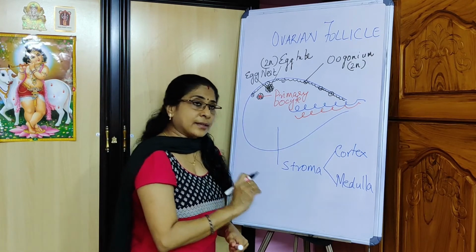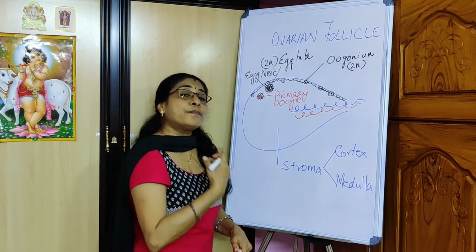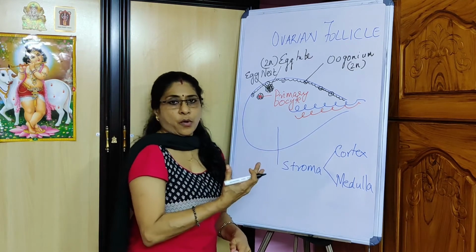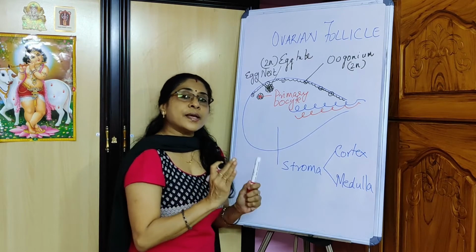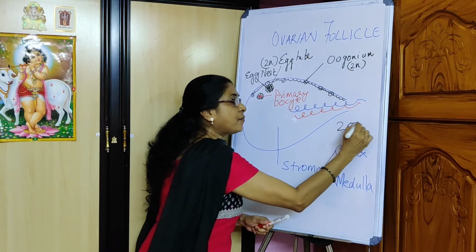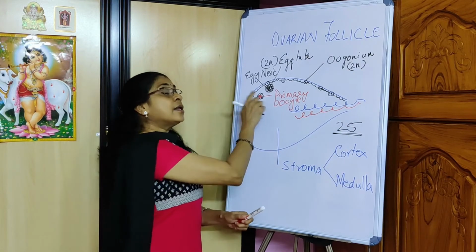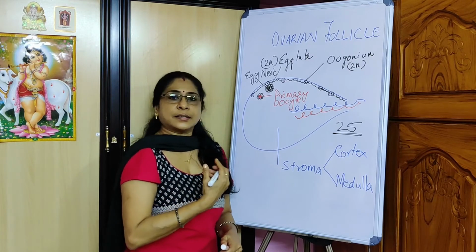Let me also add that this development happens before the baby is born. When a female fetus is developing, at the 25-week stage, the ovarian follicle starts developing.